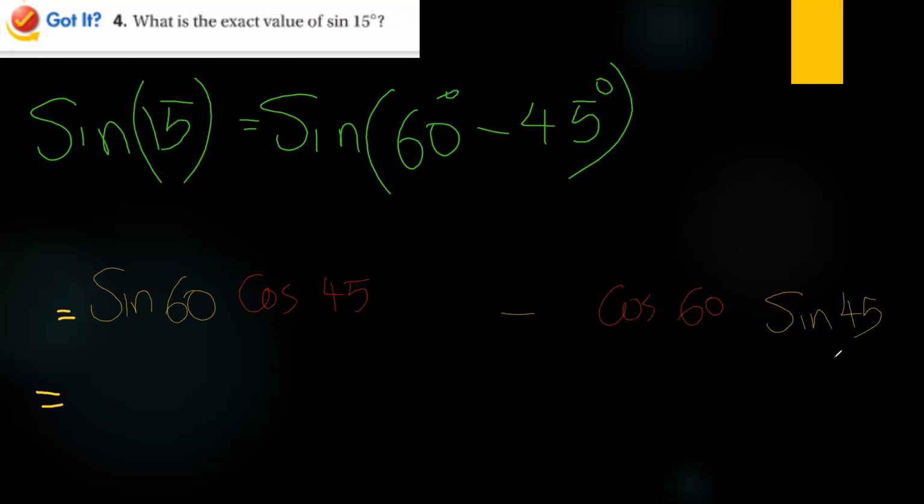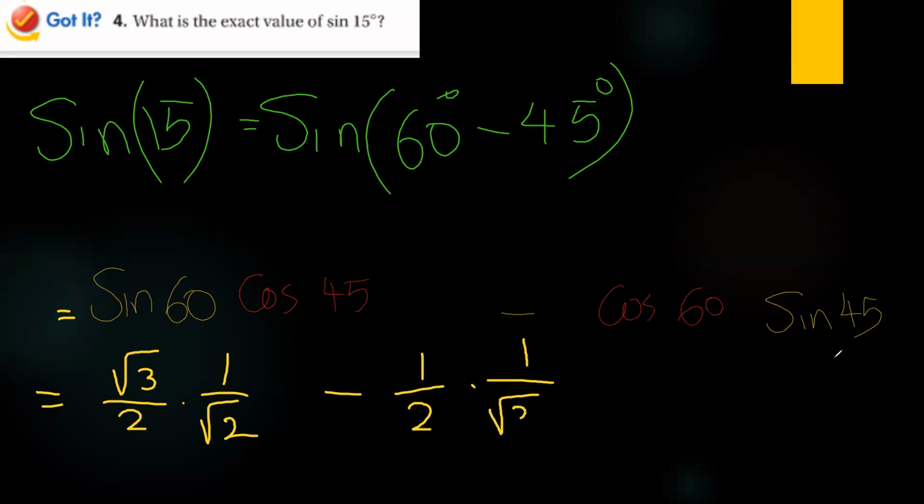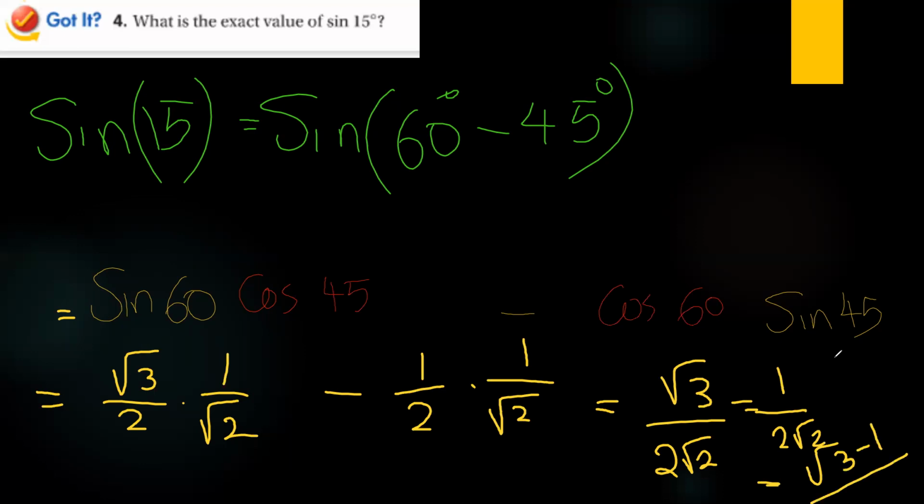Then sine of 60 is square root of 3 over 2, sine of 45 is 1 over square root of 2, minus cosine of 60, which is half, times sine of 45, which is 1 over square root of 2. So you will find square root of 3 over 2 square root of 2 minus 1 over 2 square root of 2, and you will get the answer square root of 3 minus 1 over 2 square root of 2.